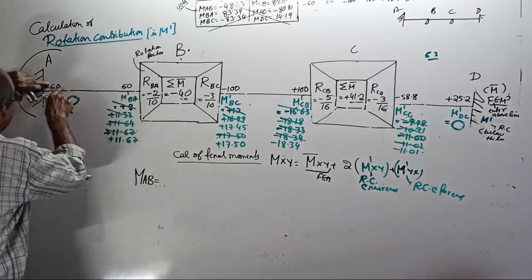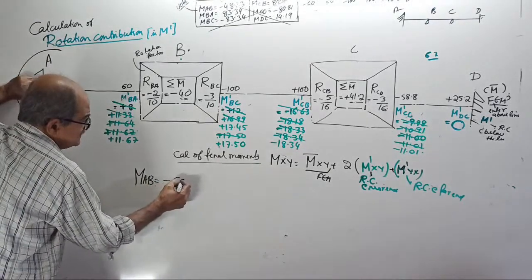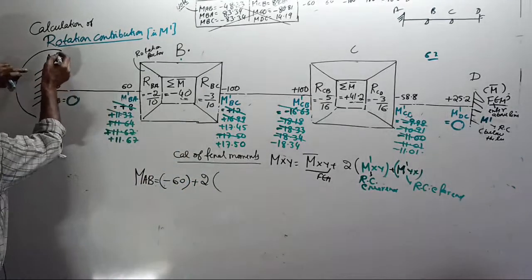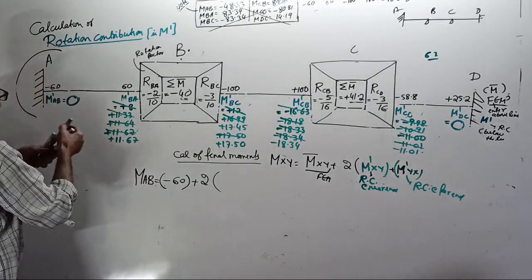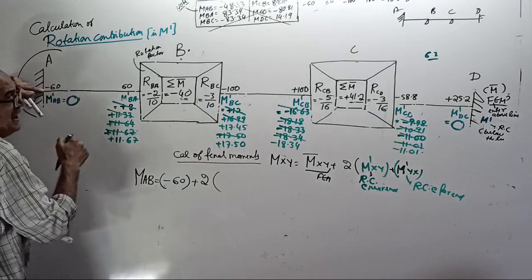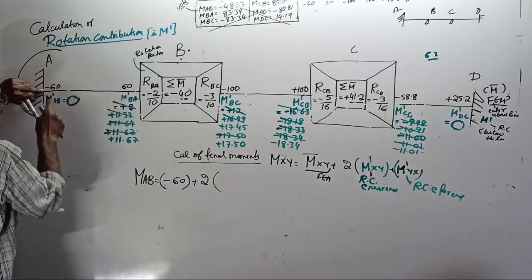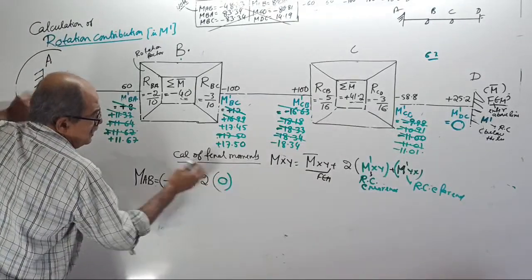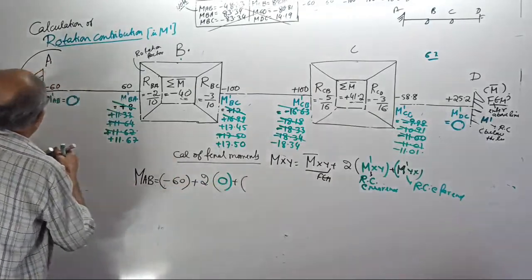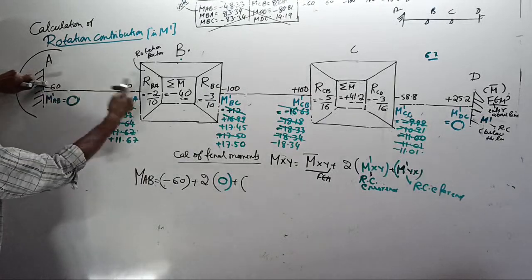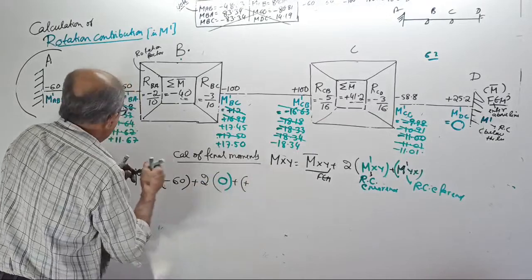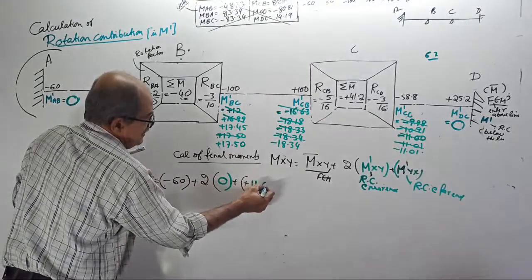M bar AB minus 60 plus 2 times the contribution there, 0, plus the rotation contribution at the far end, plus 11.67.